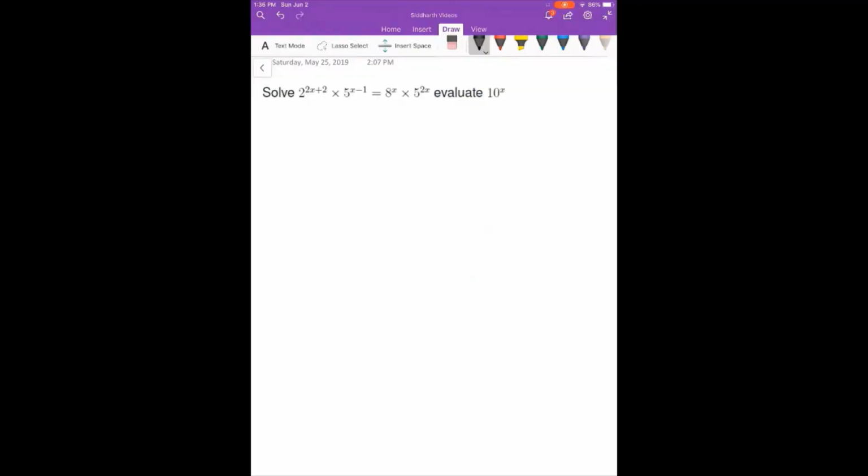In this question, we have to use this fact to evaluate 10 to the power of x. First, let's write everything with the basis of prime powers. We will get 2 to the power of 2x plus 2 into 5 to the power of x minus 1 is equal to 2 to the power of 3x into 5 to the power of 2x.